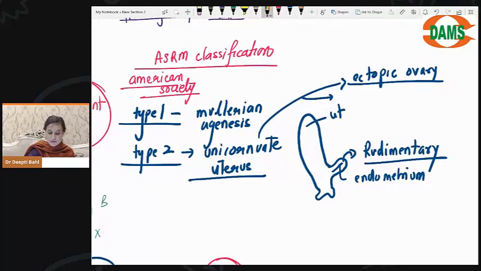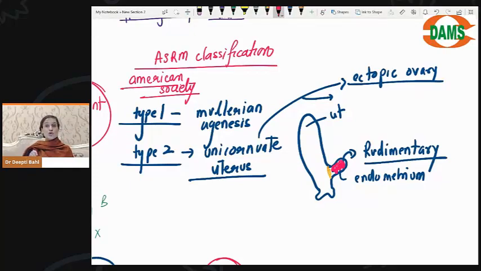And the endometrium is going to bleed monthly. Sometimes this rudimentary horn is blocked and has no connection with the main horn. So what will happen to all the blood? It will keep collecting in this rudimentary horn and cause a lot of pain.